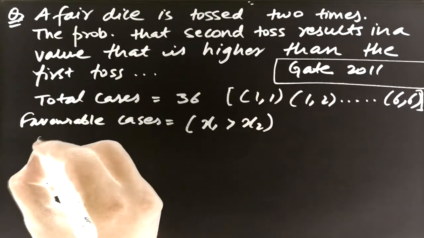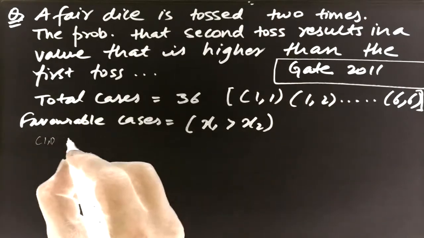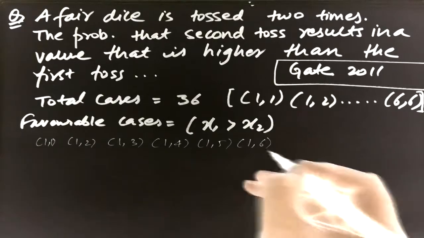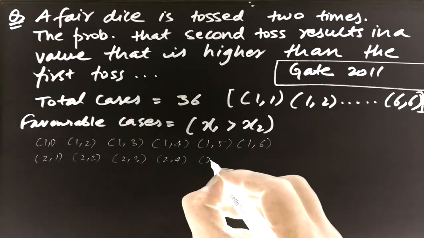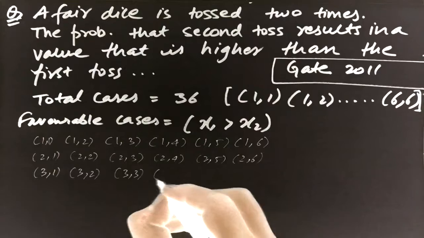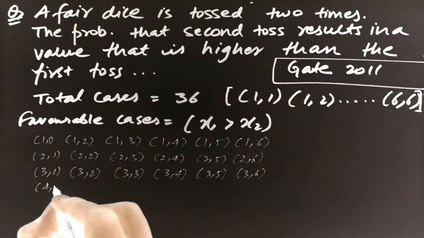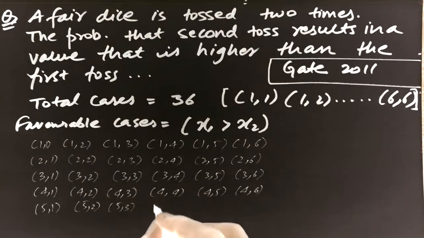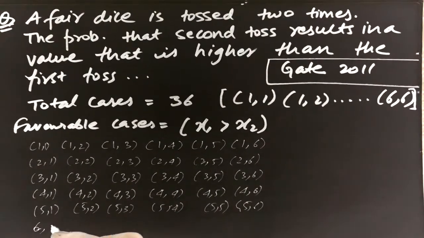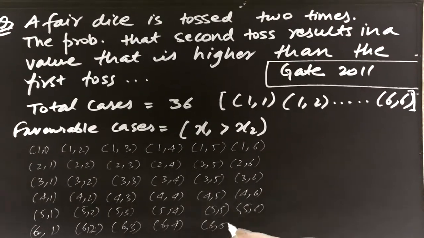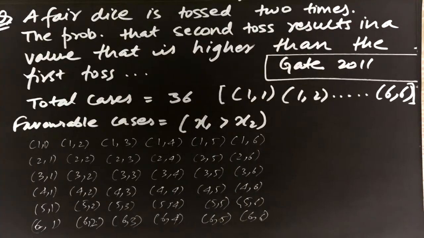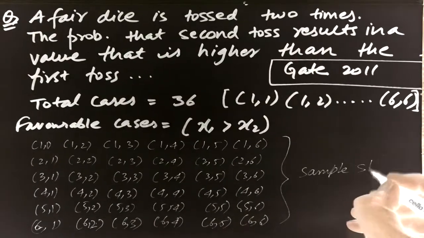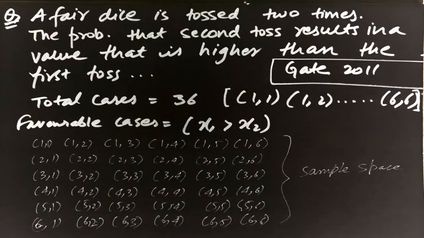How? 1 comma 1, 2, 3. These are all the sample space where the dice has been tossed 2 times.